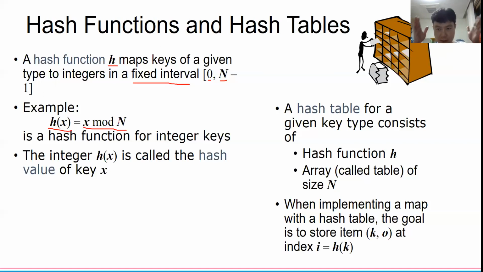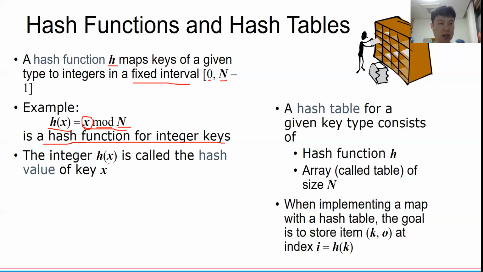You have the particular value of the interval, and whenever I have any x, I just mod by n and put it into the table. We will learn more about this one. We call this a hash function for integer keys.